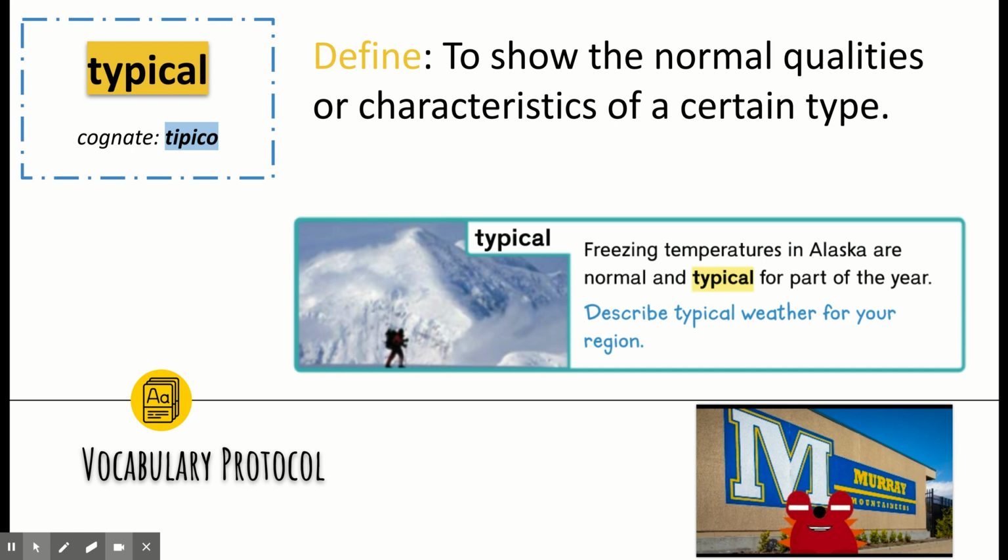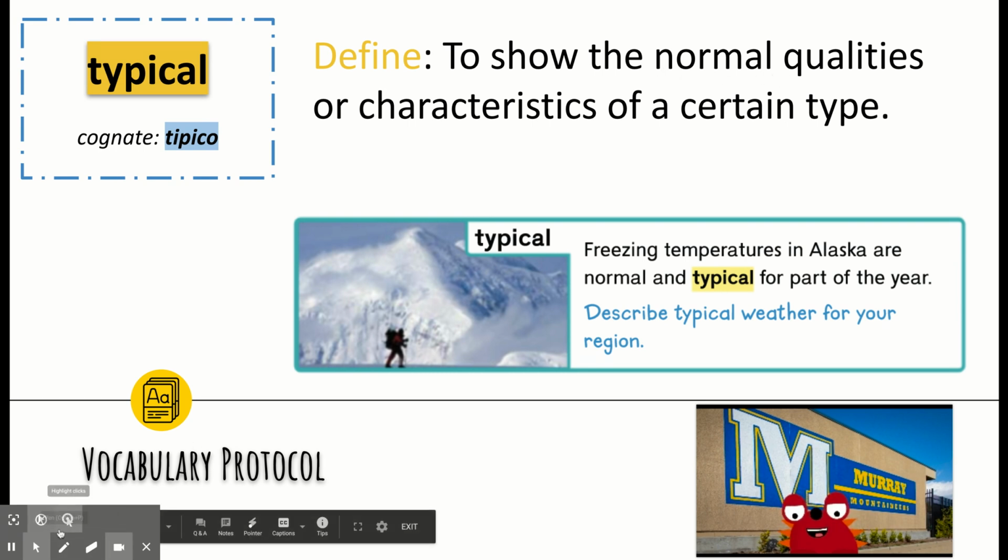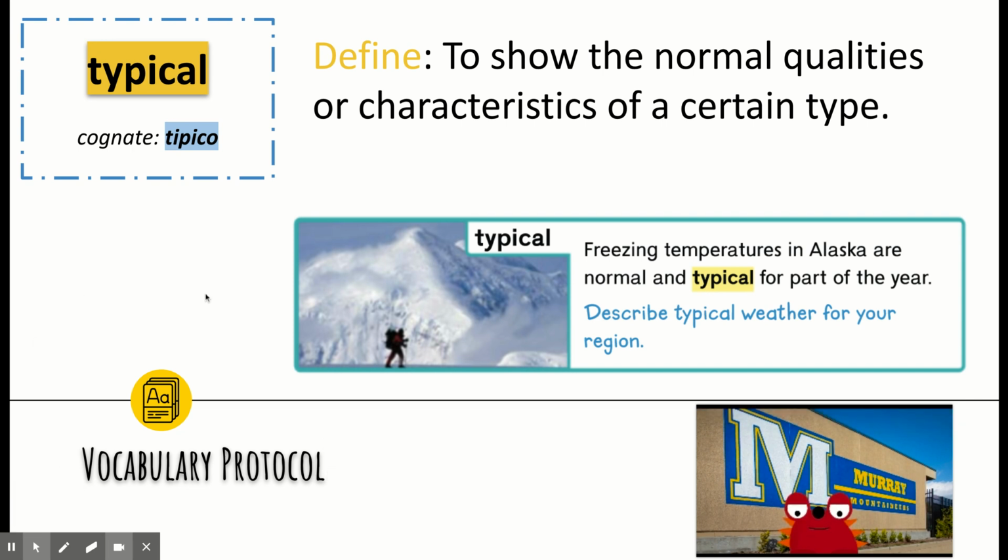And typical. Definition: to show the normal qualities or characteristics of a certain type. And what I want you to know about this word is the keyword here is normal. So it means what normally happens. What is the thing that usually happens? That's what typical is, normal and usual.